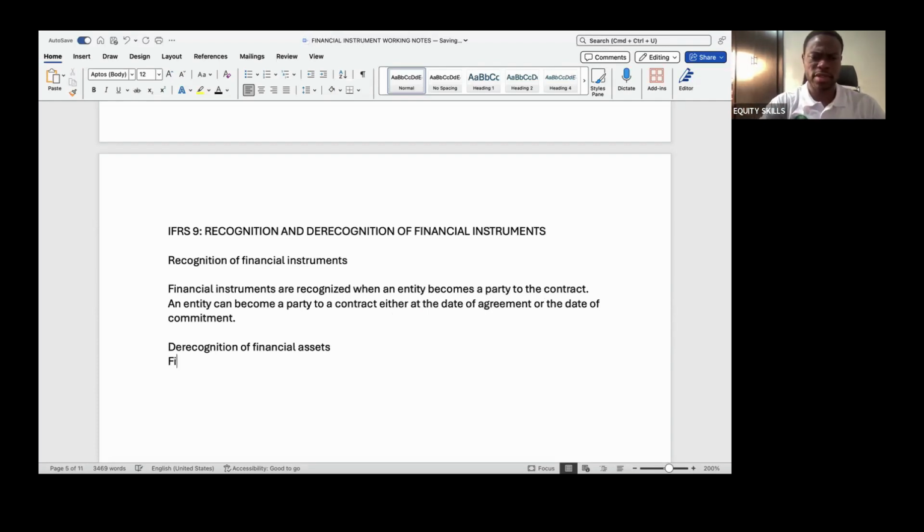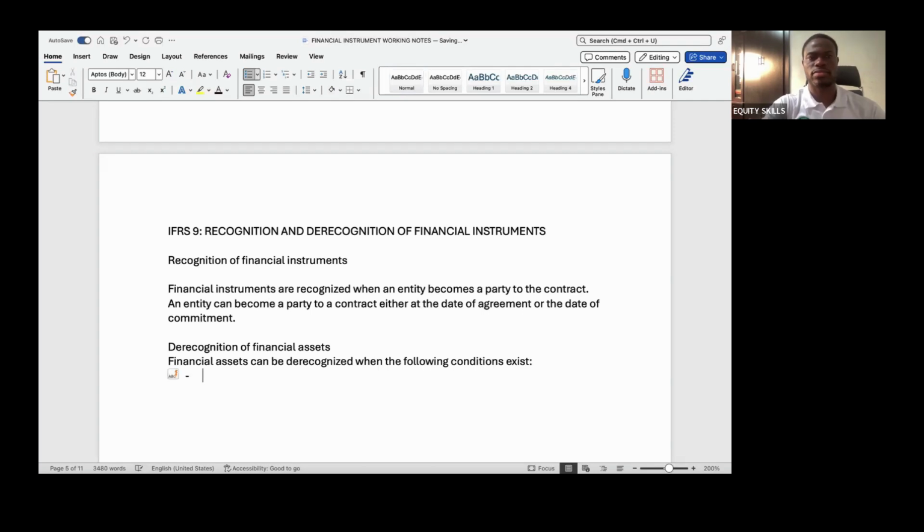And financial assets can be derecognized when the following conditions exist.